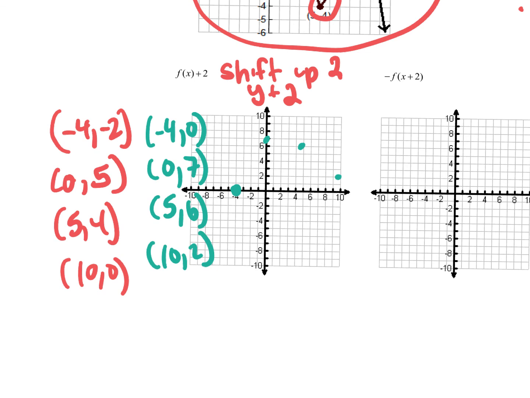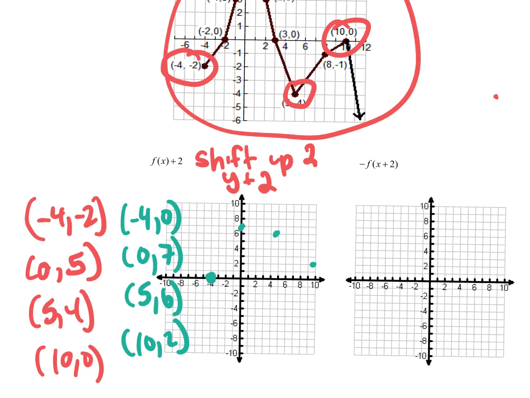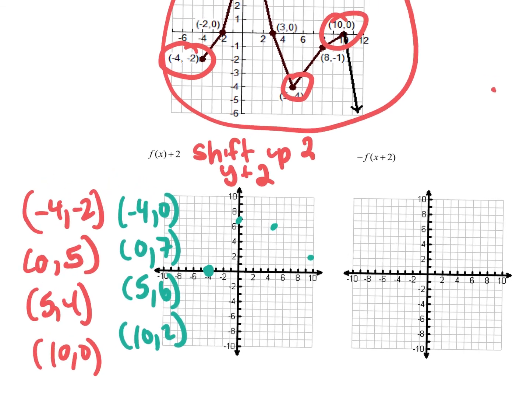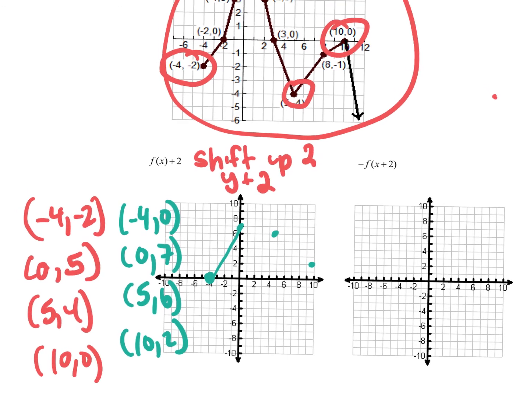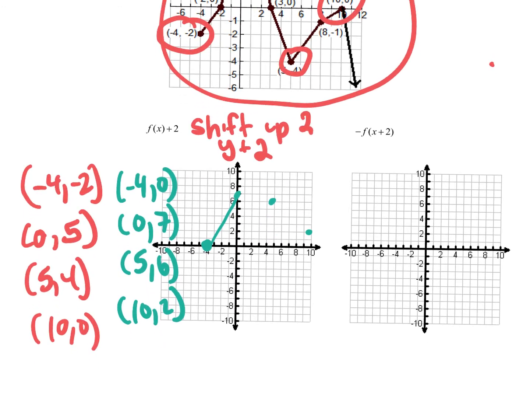If I want to make it look like the same pattern, I know it has to go up in some direction like this, and then it's going to flatten out. Oh, I see what it is. This one is (5, -4) to start with, so then it's going to be (5, -2).